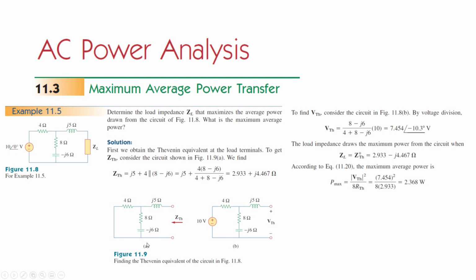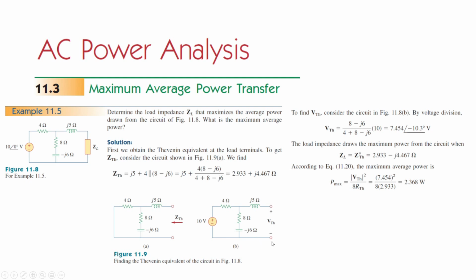In order to do that, we replace this voltage source with a short circuit, and we find the Thevenin equivalent impedance from these terminals, and then we also find the Thevenin equivalent voltage on these terminals.